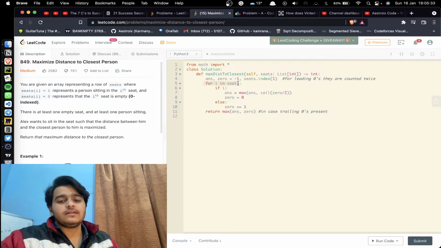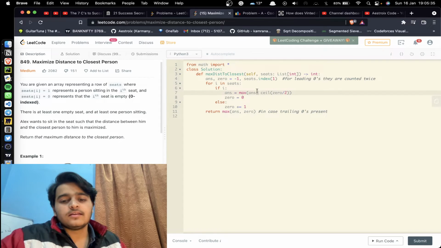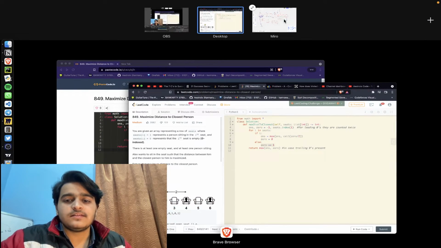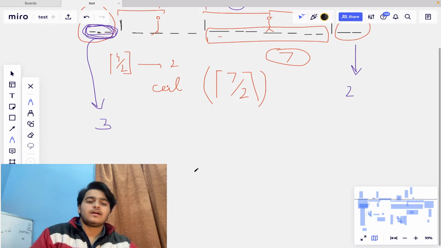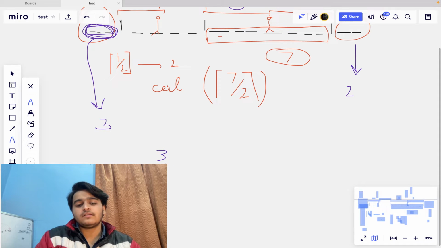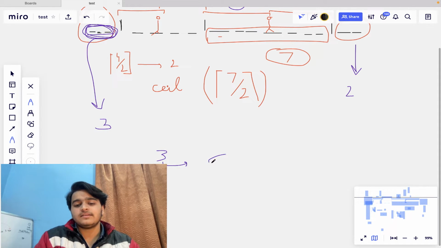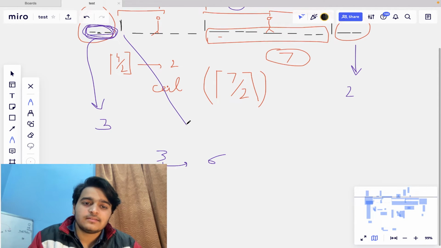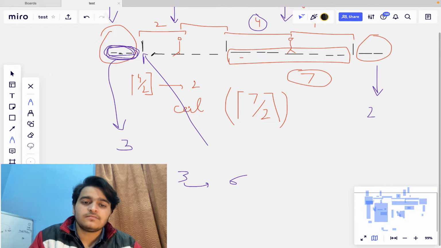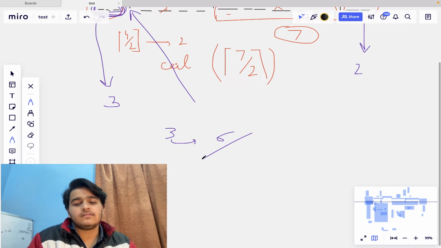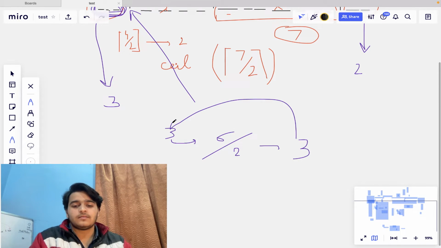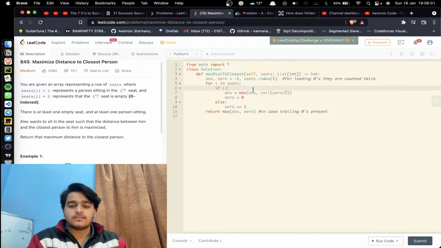Because when I loop over the seats, if there are some leading zeros, this 0 will get incremented twice. Suppose 3 seats are in the front; they will be counted twice, and that will be 6. Whenever I encounter a 1, like the first one I encounter, I just divide by 2, and that will be equal to the number of empty seats at the front.